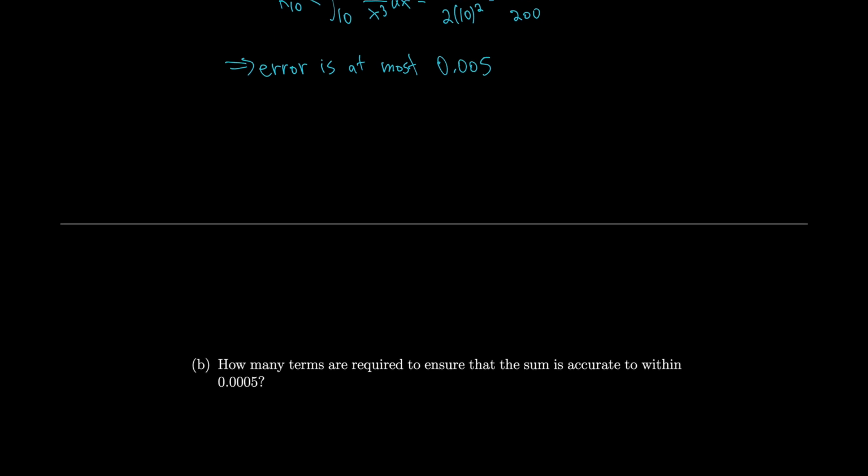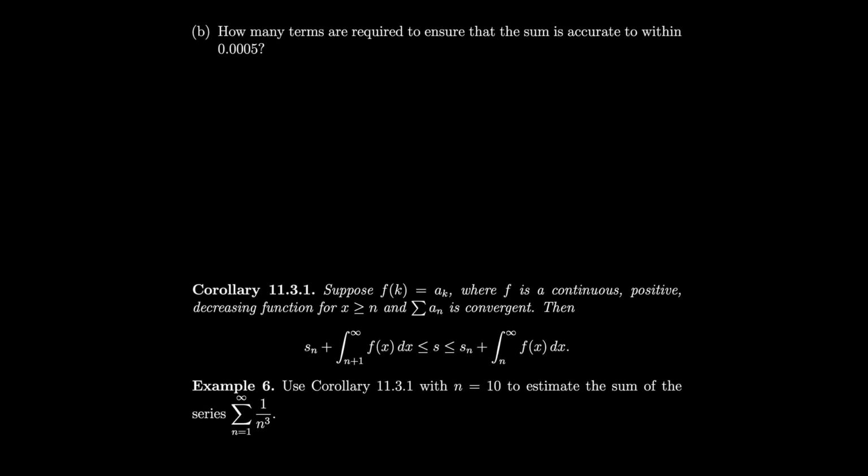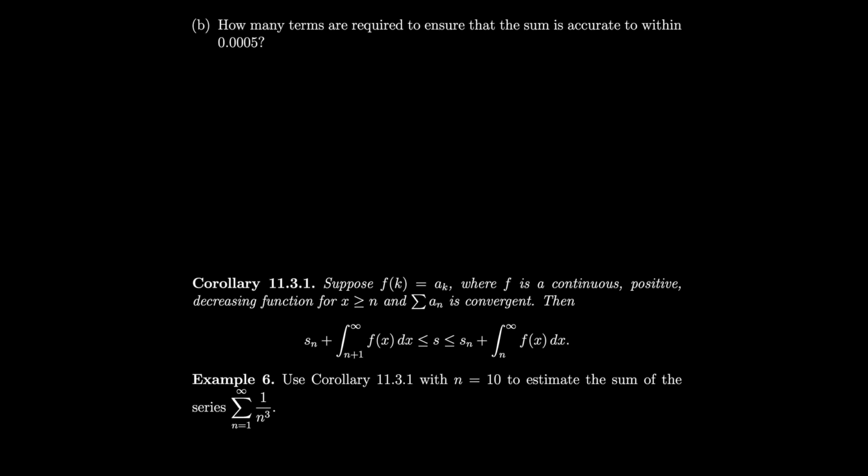What if we wanted to make our error even smaller? How many terms would we need to have to ensure that the sum is accurate to within 0.0005? So this means that we want Rn, which is less than or equal to the integral from n to infinity of 1 over x cubed, which we saw as 1 over 2n squared, to be less than 0.0005, which is the same as saying that n squared should be greater than 1 over 0.01, which is 1,000.